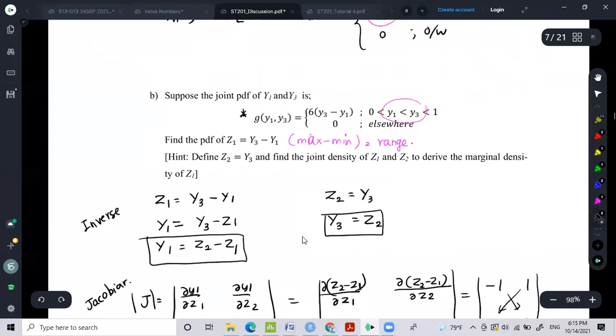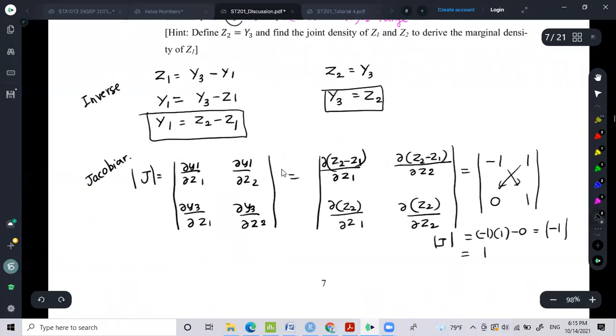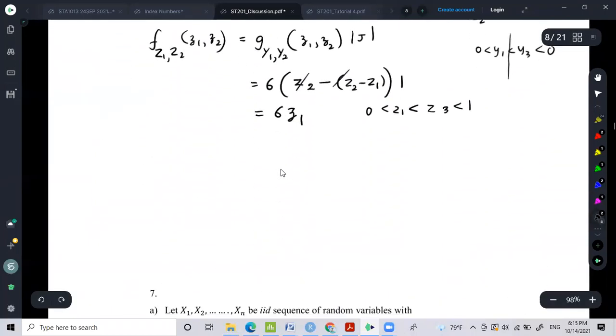What is our question? Our question is to find the PDF of Z1. So that means you have to get rid of Z2. Anyway, it is not here, but you have to do it. You have to find f of Z1. That means you have to integrate Z2 out from the joint density of Z1 and Z2.